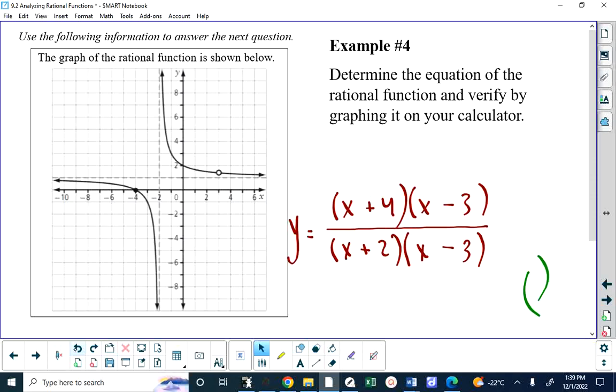If the factor in the denominator cancels with an identical factor in the top, then you're talking about a hole. If the non-permissible value in the denominator does not cancel, then you're talking about a vertical asymptote. If you have a numerator factor that does not cancel, like x plus 4, it corresponds to an x-intercept.